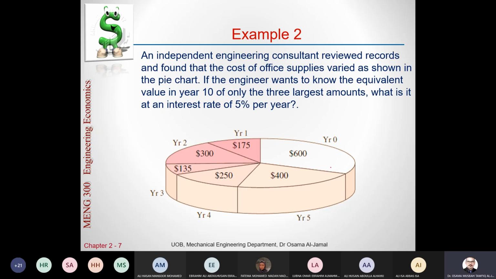This is downward. If the engineer wants to know the equivalent value in year 10, which means what? Over 10 years.